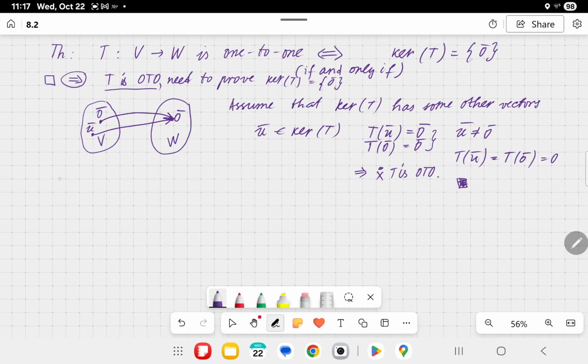The second part. Proof of the second part. Given: kernel of T equals 0.